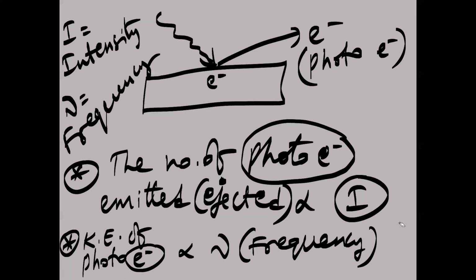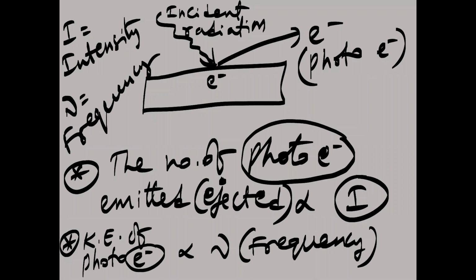Let's take the screenshot of this. This is the incident radiation, which has intensity I and frequency nu.